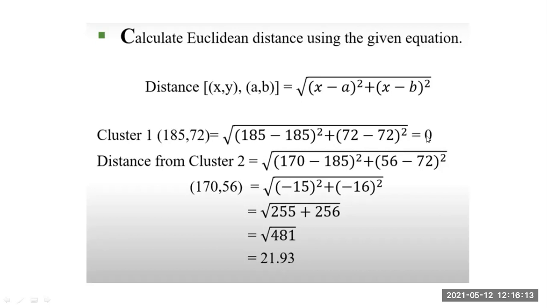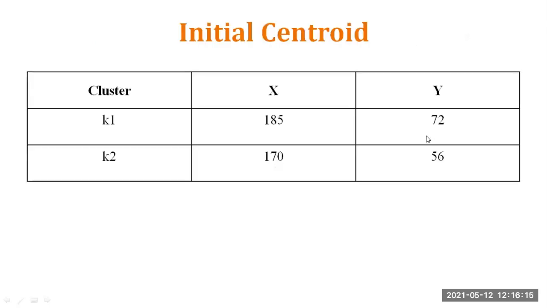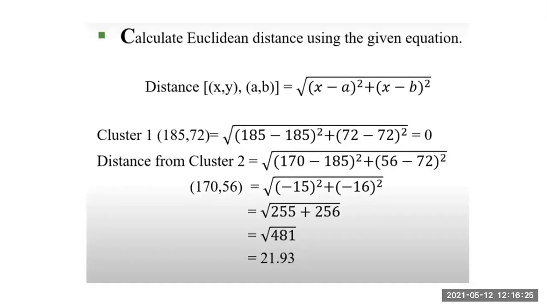Why? Because the same points are taken. Because randomly I have selected the first point as the cluster point. If I calculate the distance between cluster 1 and that same point, the distance will be equal to 0. That's why 185 minus 185 is 0, and the result is also 0.